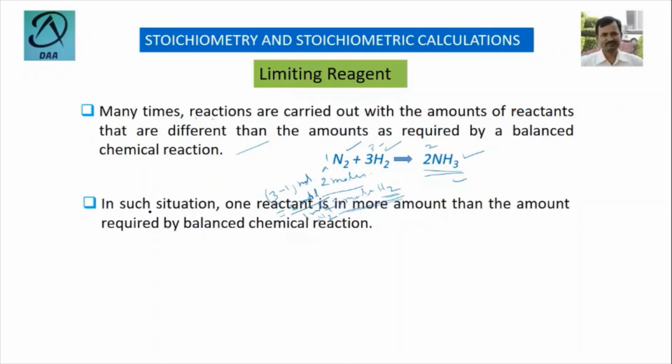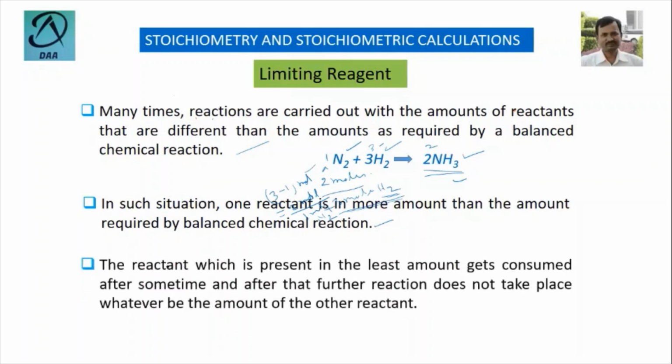So we have to write in this way. In such a situation, one reactant is in more amount, in this case the nitrogen gas, than the amount required by the balanced reaction. And the reactant which is present in the least amount, in this case the hydrogen gas, gets consumed after some time, and after that further reaction does not take place, because in this case 3 moles are already consumed.